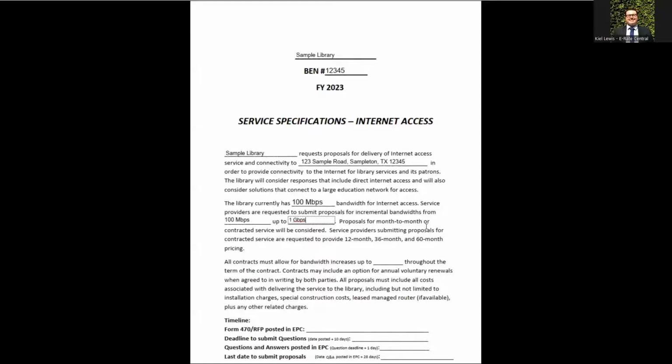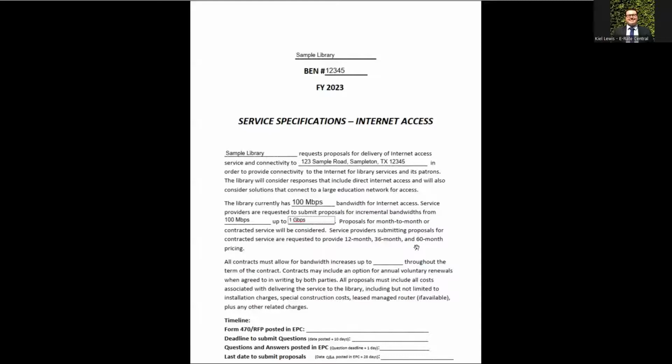Additionally, this paragraph requests proposals for month-to-month service or contracted service. Service providers submitting proposals for contracted service are requested to provide 12-month, 36-month, and 60-month pricing. This will allow the library to potentially consider a number of bids from service providers that are either month-to-month or on a contracted basis for 1 year, 3 years, or 5 years.